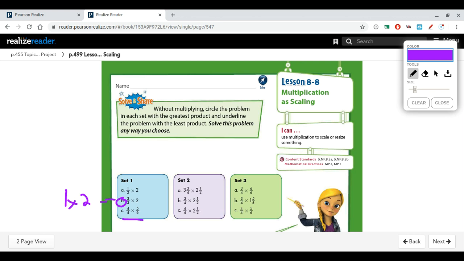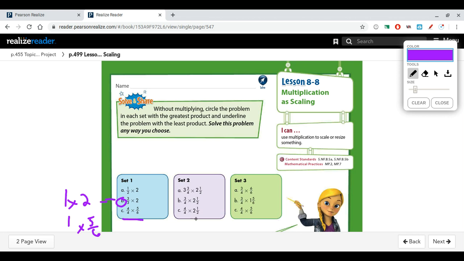The reason that 1/2 times 2 is not the least is because 4/4, so 1 times 5/6, is going to be the least because I'm multiplying a fraction by 1. The value here of the 1 was smaller than the 2, so that's why C is my smallest one.